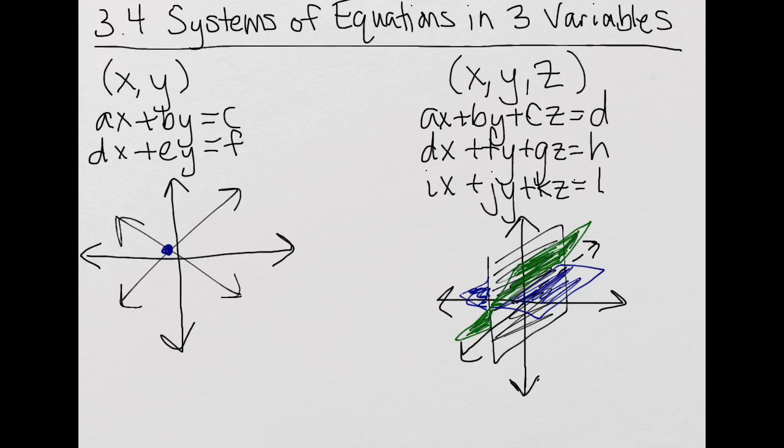So you can kind of see that depending on how your planes are intersecting, we're going to get three coordinates x, y, and z when they intersect at exactly one point. So this happens, three variables happens in three-dimensional space.